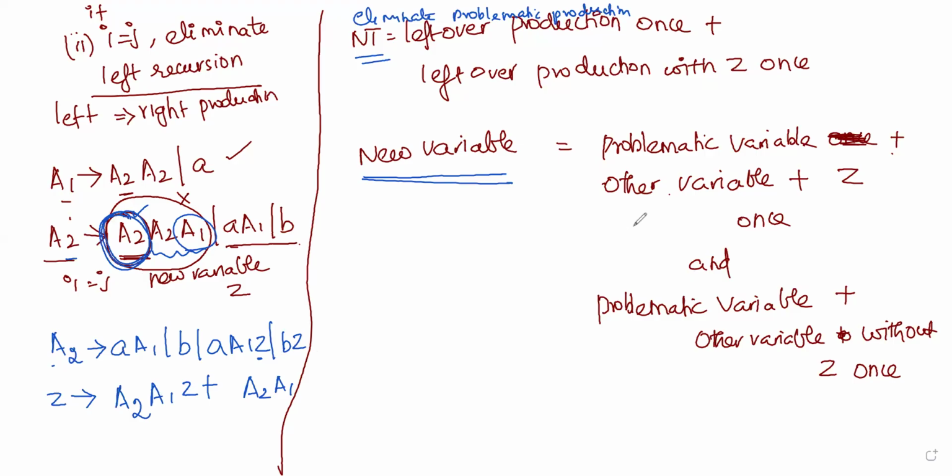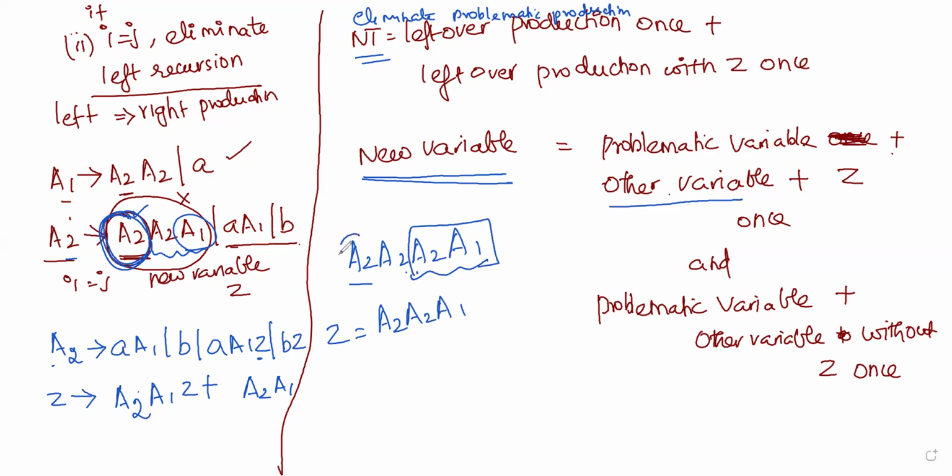The reason I'm insisting on the other variable is that here you have A2 two times, so I have taken A2 once, and this is my other variable A1 with Z once and without Z once. Suppose you have A2 A2 A2 A1, then the new variable Z will be the problematic variable once, and these will be considered the other variables, A2 A1. This is how you will be constructing.